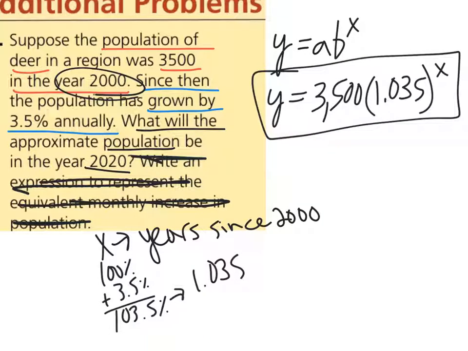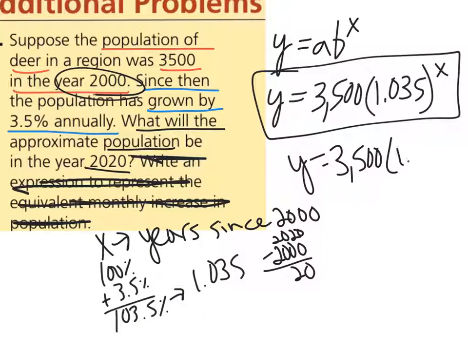Don't rush yourselves when you do these problems. Get the equation first, and then we'll substitute. So 2020 is 20 years since the year 2000, so we'll put a 20 in place of X. And then we're ready to work that out.